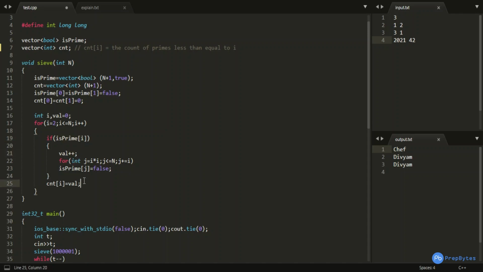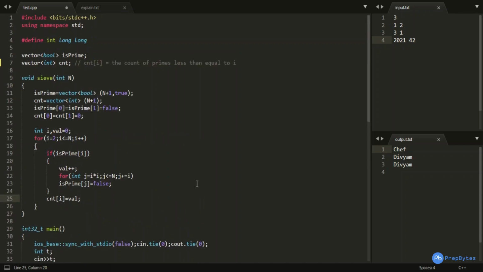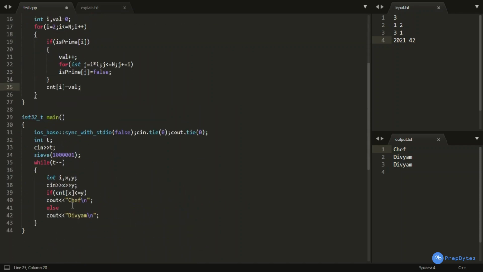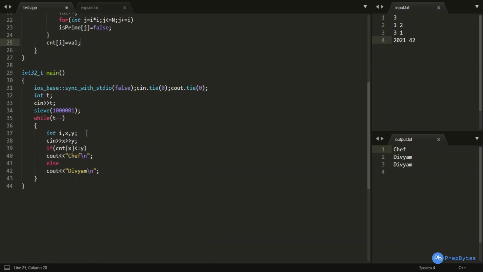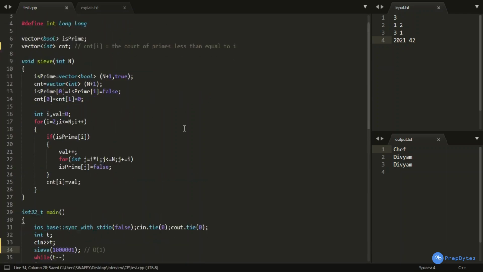Okay, so count of i is basically doing the task of counting the total prime numbers less than or equal to i. And finally, we are implementing this particular code over here. And for each and every query, I am basically doing the task in O of 1 time complexity, right? So I guess TLE won't come for this particular solution.